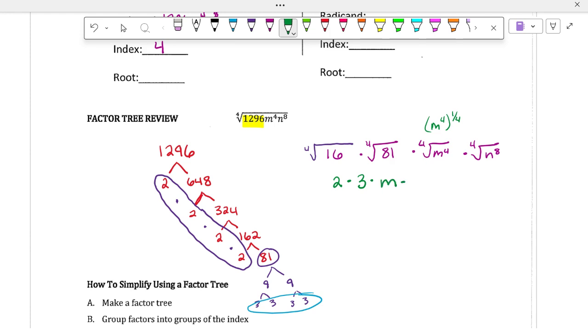So that would be m times n to the eighth raised to the 1/4. 8 times 1/4 is 8 over 4, which is just 2. Or you could just divide 8 by 4 and still get the same thing. So this would be n squared. And then we just clean it up. So our root would be 3 times 2, which is 6, m, n squared. So this would be 6mn squared.